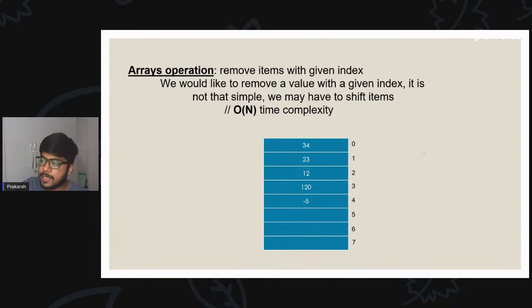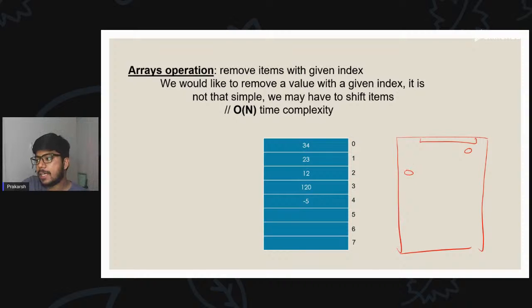So if a teacher has to say, okay, the person sitting in the middle of your class, for example, this is a blackboard, this is the teacher standing, and there are students on front benches over here, with bags lying over here, and the teacher says, okay, Rahul, just get up and get out of the class.